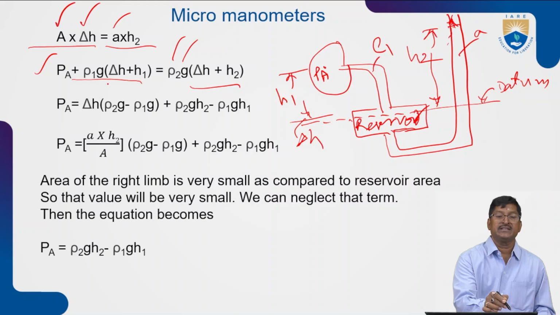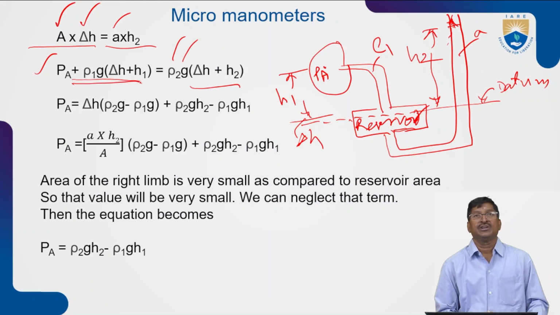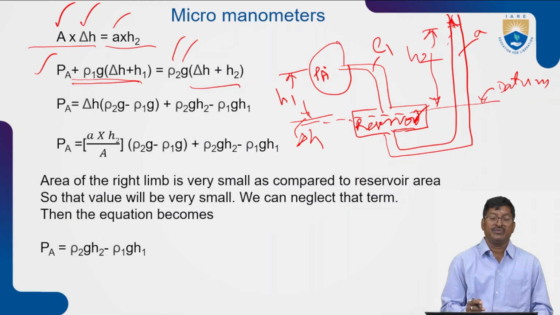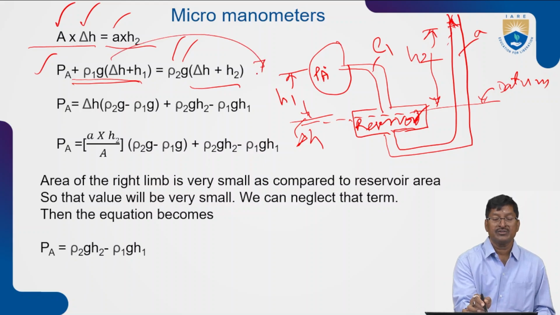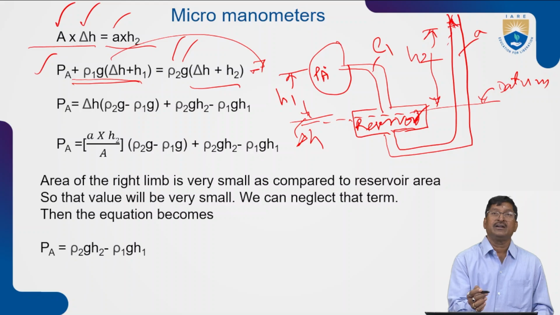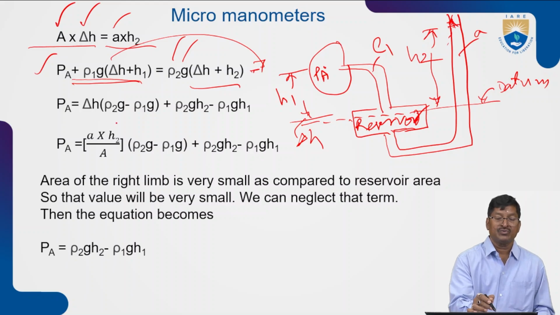Then if you take this rho 1 g (delta H plus H1) to the right side of the equality, then PA is equal to delta H times, taking common, because bringing this side it will get a minus sign, and taking delta H common, what will you get?